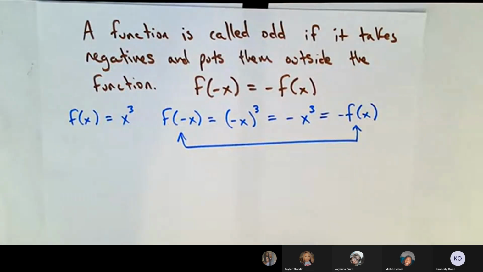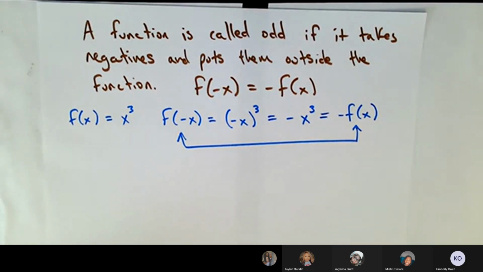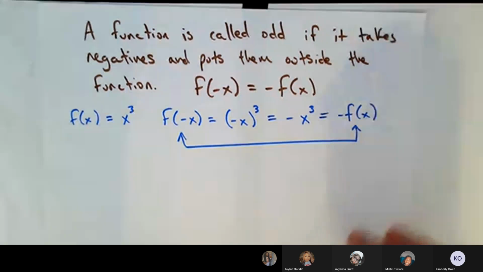What about a graphical representation? Let me go in the same order, since I'm trying to model how I did the definition of even.